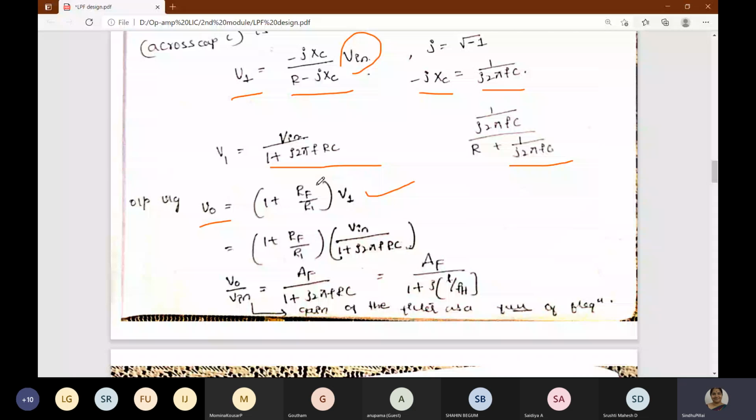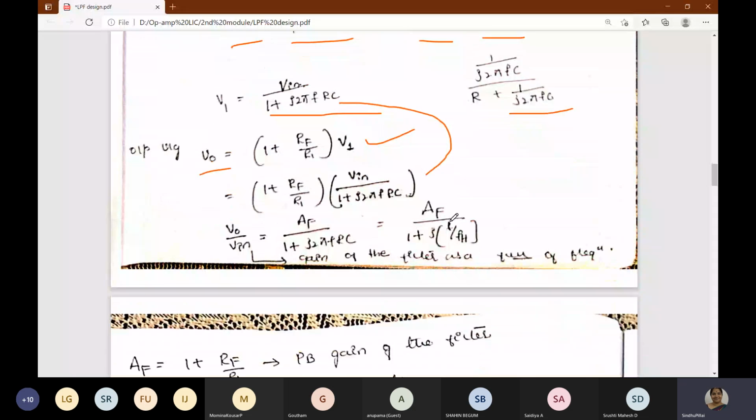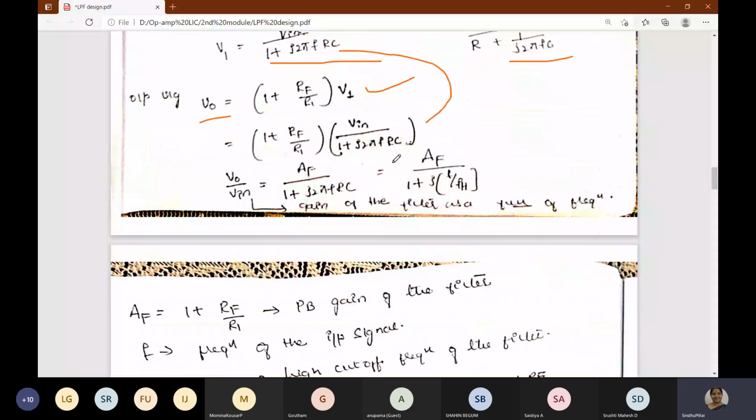V1 is Vin divided by 1 plus j2 pi FRC. And 1 plus RF by R1 is nothing but the gain AF. So V0 by Vin is equal to AF divided by 1 plus j2 pi FRC.